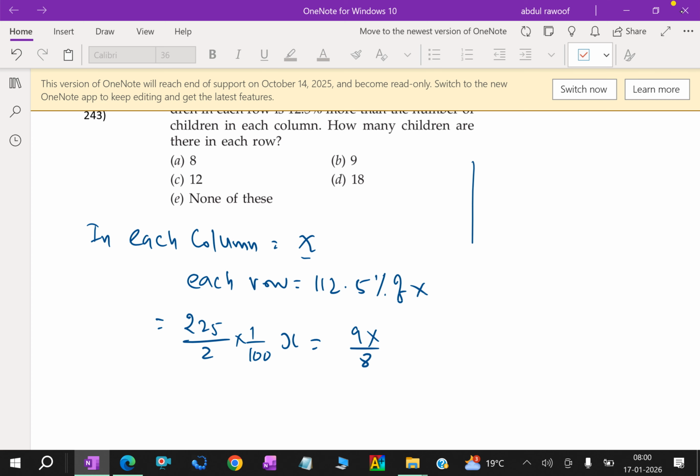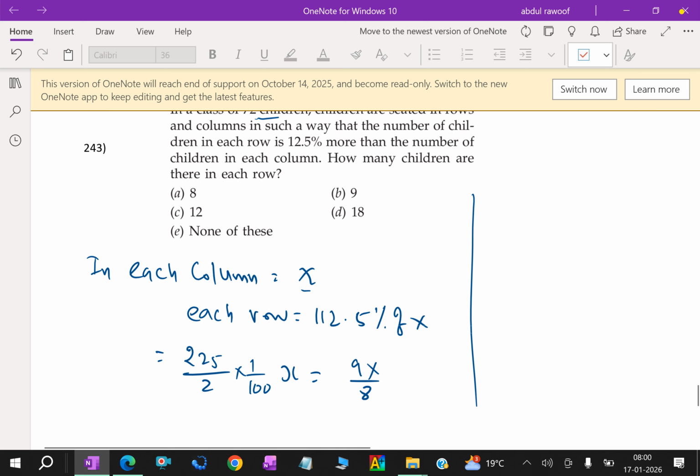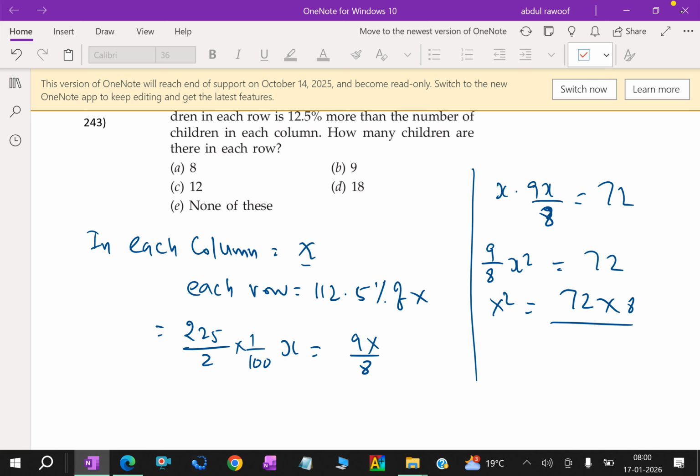Therefore, this is a rectangular arrangement, so the total number of students is x into 9x by 8 equal to 72. So 9 by 8 x square equals 72. Therefore, x square equal to 72 into 8 by 9.